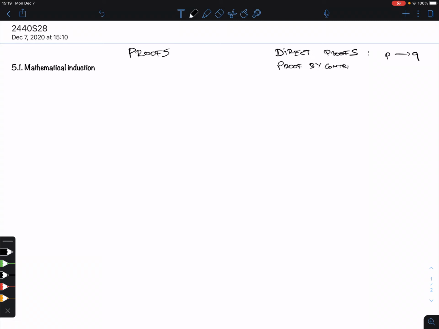I'm repeating these for your benefit, because these are things that will come up in the final as well, right? The proof by contraposition was a proof where you actually have this implication, but instead you prove the contrapositive. You assume that the conclusion is false, and then you show that therefore the premise must also be false. But there was something perhaps even a little bit more strange. So this is contraposition, and this is proof by contradiction.